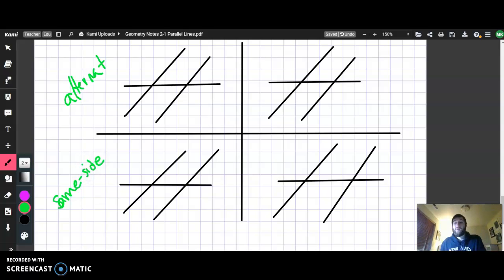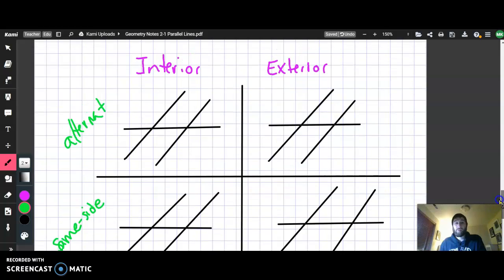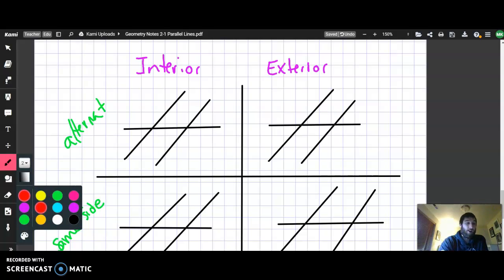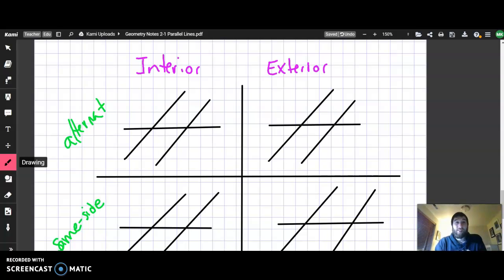So now all that's left is actually putting it together. If we look at the first box, we have alternate interior angles. And so identifying those alternate interior angles means that we're on alternate sides of the transversal, but inside of our parallel lines. If we look at this angle right here, that's on the top of the transversal and inside the parallel line.